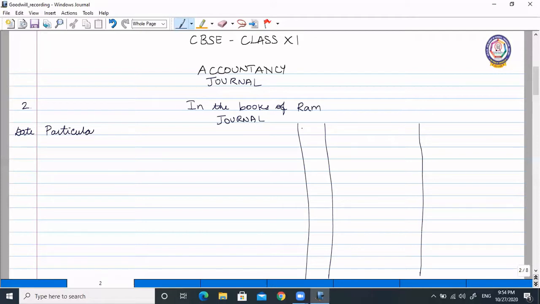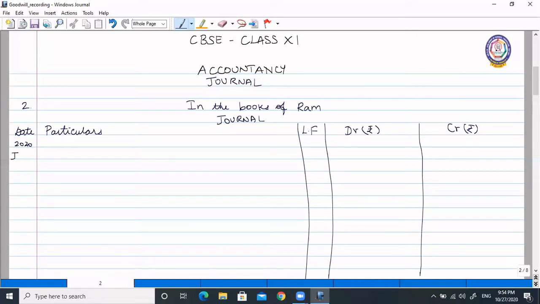Particulars. Ledger folio. Debit rupees, credit rupees. Now, on 2020, June 1st, Ram invested capital in cash rupees 1 lakh.